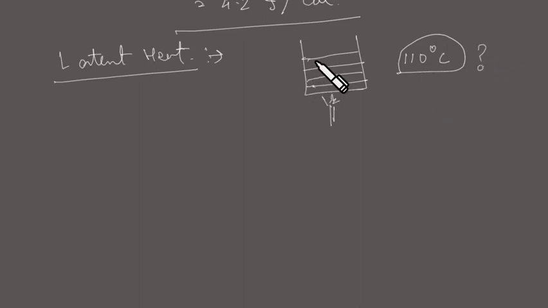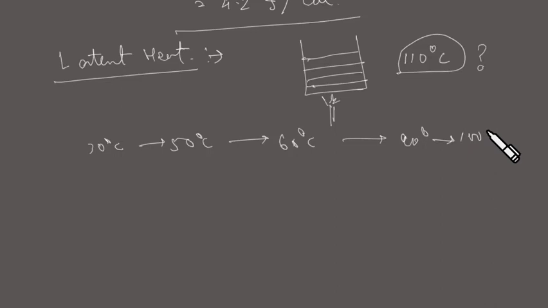What happens if we heat it? The temperature of the water goes increasing from, let's say, room temperature, 30 degrees Celsius, to 50, to 60, to 90, and then it reaches 100 degrees Celsius. Does it go to 101 degrees Celsius? No, it starts boiling at 100 degrees Celsius, because the boiling point of water is 100 degrees Celsius.